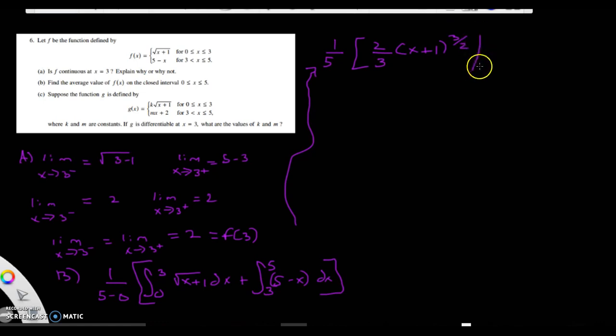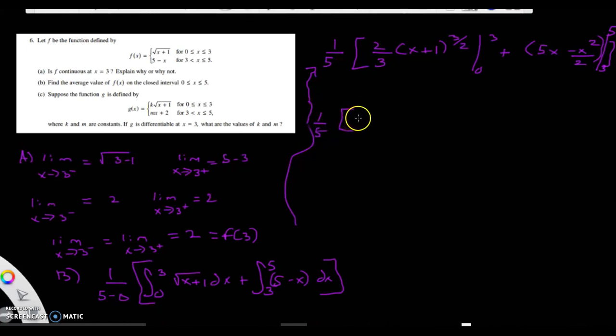And now we're going to do from 0 to 3, plus the antiderivative of 5, which is 5x minus x squared over 2, from 3 to 5. So now the tricky part is dealing with all these numbers and plugging them in.